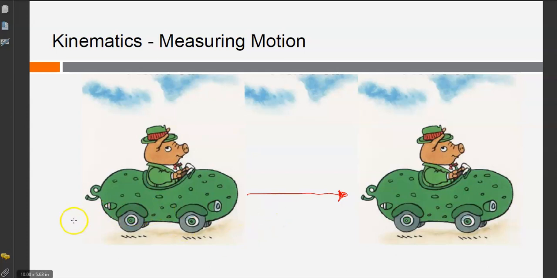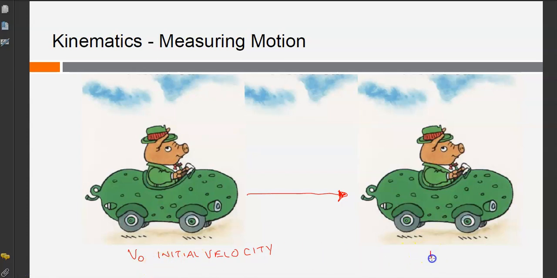Now, typically, he's got some speed here, some initial velocity, and we're going to abbreviate that V0. The speed at the beginning of the problem is called the initial velocity, and we abbreviate it V0. That little zero right there essentially says the velocity at time zero, the initial velocity.